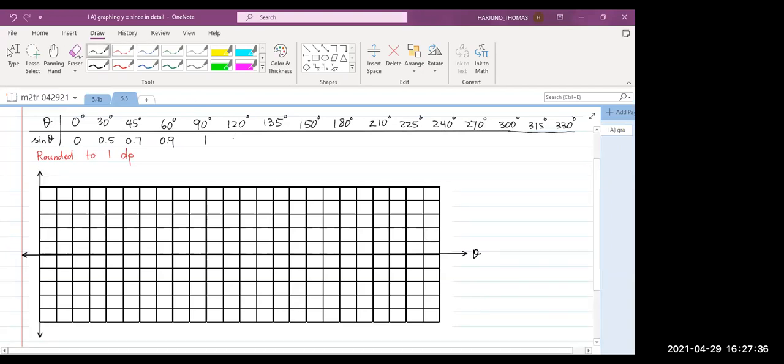I'll continue on this. This is approximately 0.9, 0.7, 0.5, 0, negative 0.5, negative 0.7, negative 0.9, negative 1, negative 0.9, negative 0.7, negative 0.5, and go back to 0.